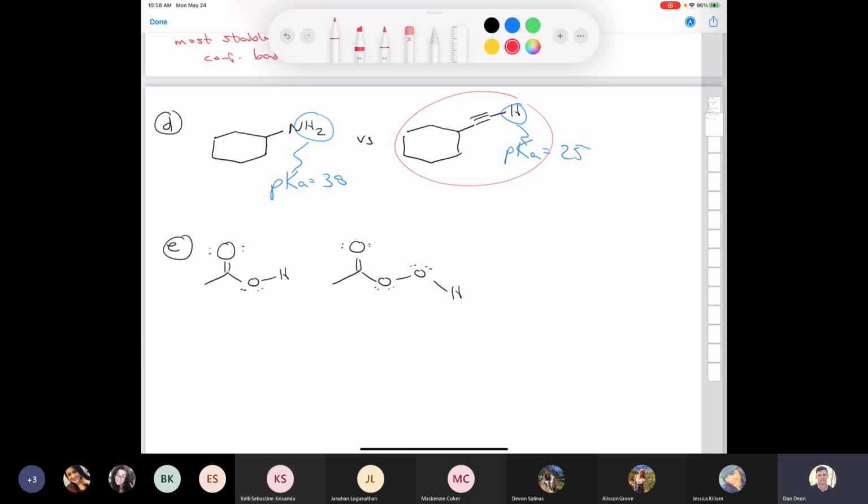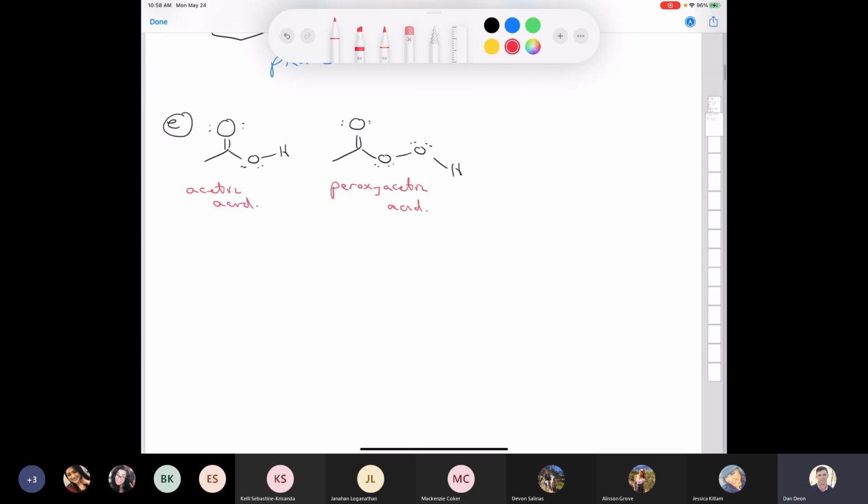This one's called acetic acid. And again, you don't have to know the names, but this one's called peroxy acetic acid.